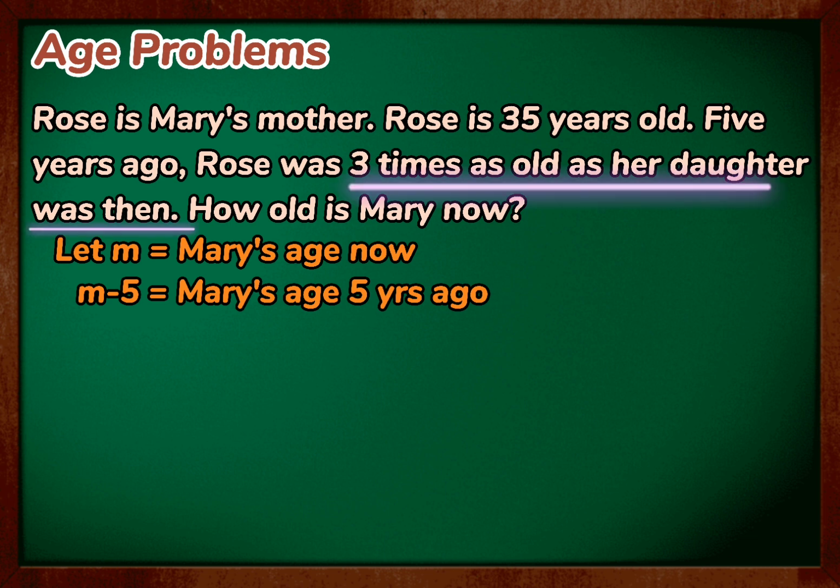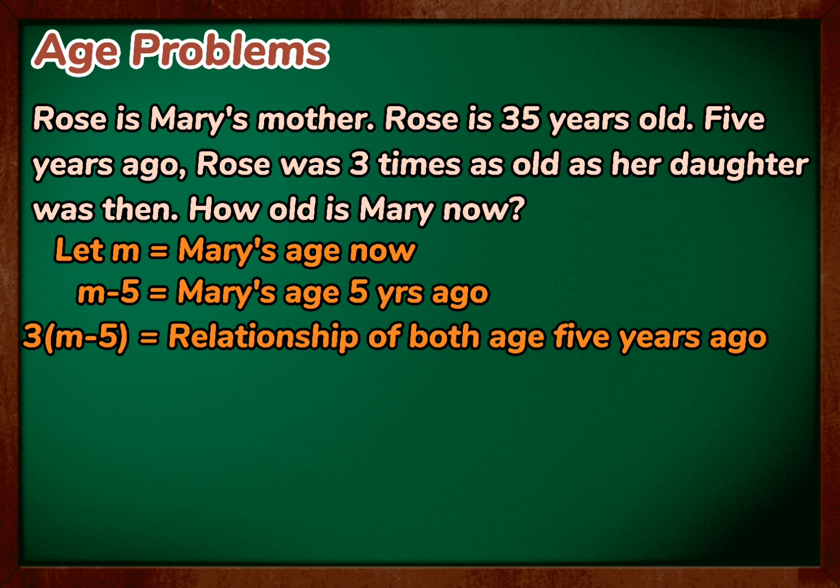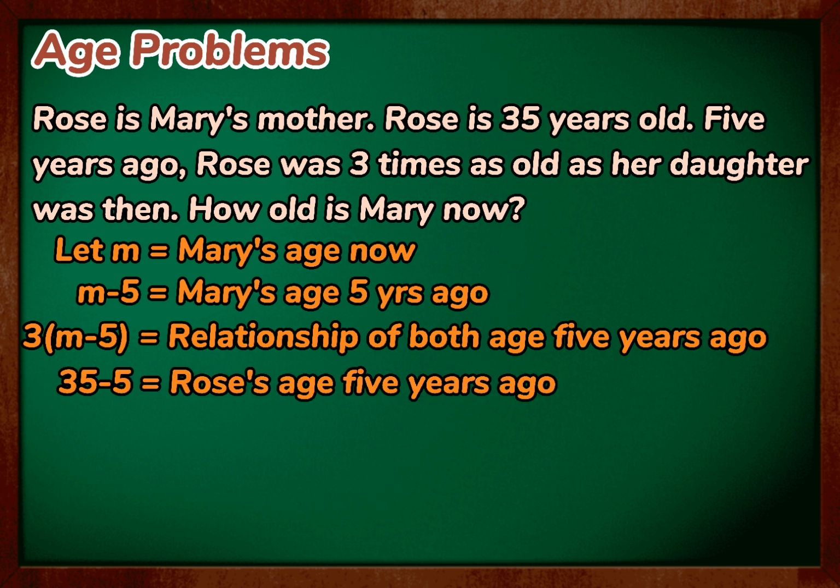Next, 3 times Mary's age 5 years ago would be 3 times M minus 5. And Rose's age 5 years ago would be 35 minus 5.